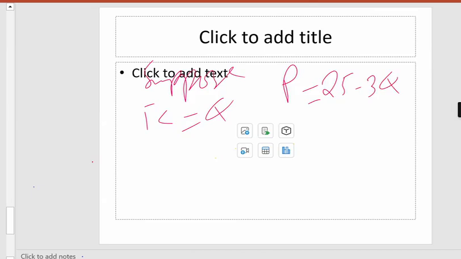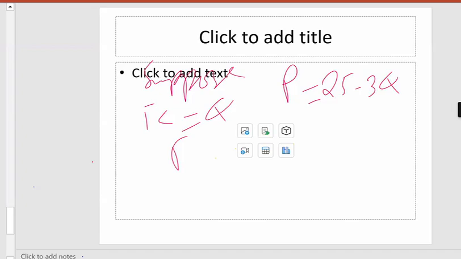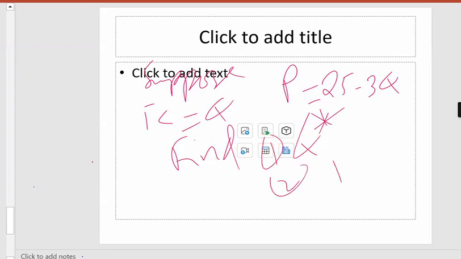This is a cost and this is a demand function of the firm. Anakwambia compute its optimal production level and the profit. The question is find what? Optimal level, tunaangalia level ambayo ina maximize profit. Alafu tumeambiwa tutafute hiyo, alafu tumeambiwa tutafute nini? Tutafute profit.